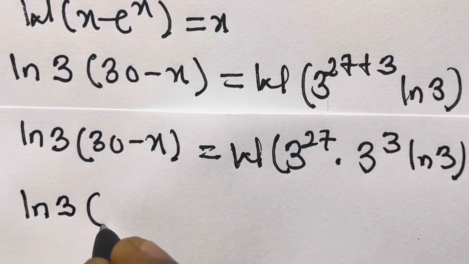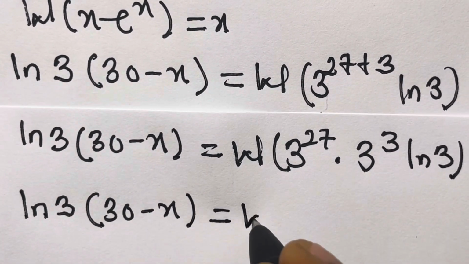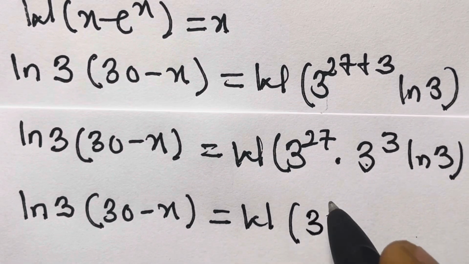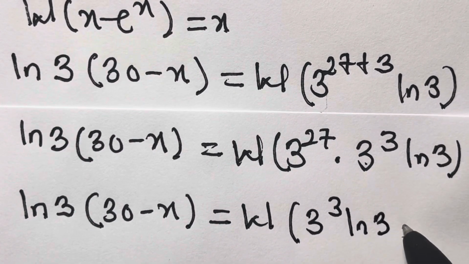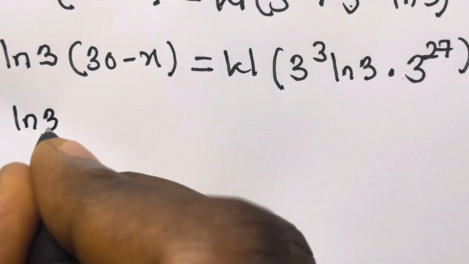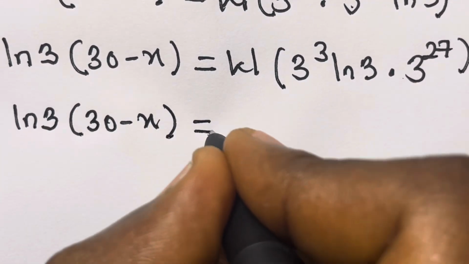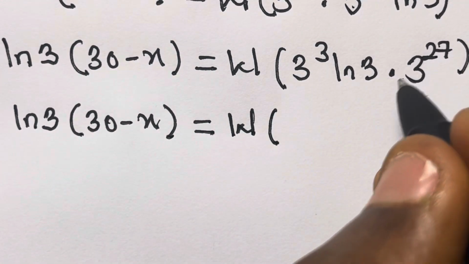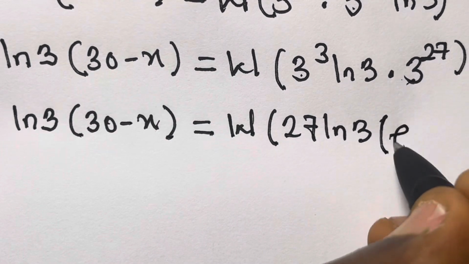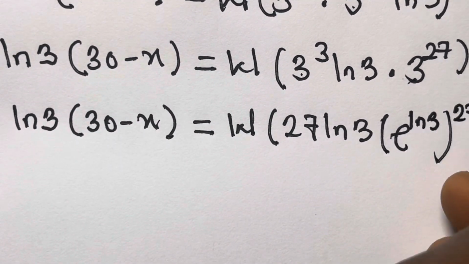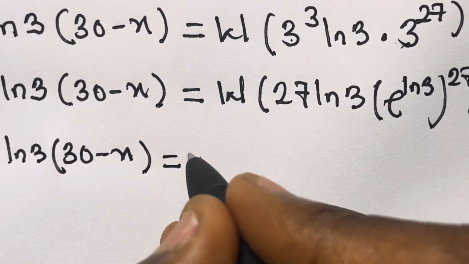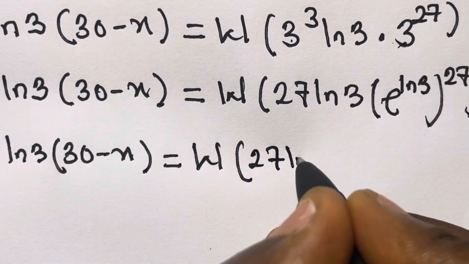Let's rearrange, so we have 3 raised to the power 3 times ln 3, then multiplied by 3 raised to the power 27. So we have ln 3 times 30 minus x equals the Lambert function of 27 ln 3 inside, and the 3 here we can write as e raised to the power ln 3, so then it is to the power 27, right?